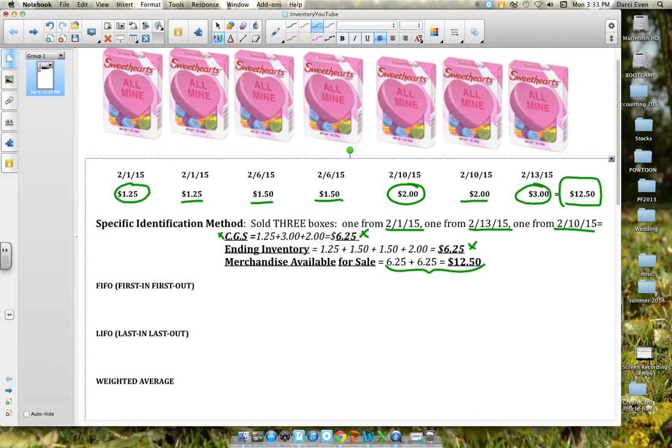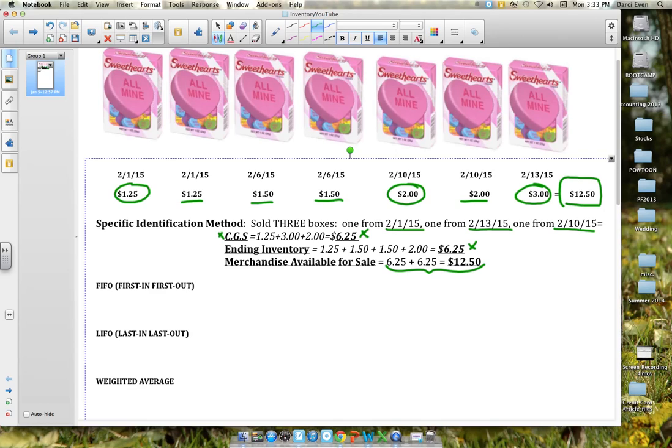You know exactly which Ford Focus you sold. It was the green one with VIN number such and such, and we bought it on such and such a date. It would not be used for cans of corn. It's something that's much larger and easy to identify. Washers and dryers, for example, in an appliance store. So that's the first method.